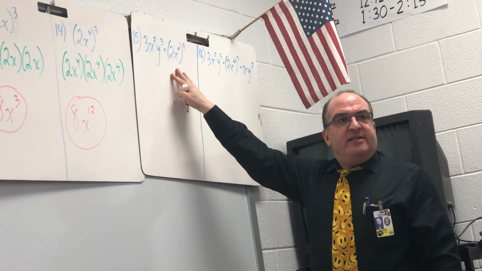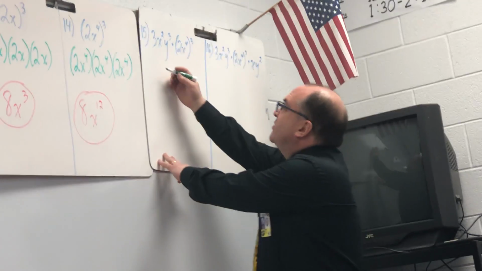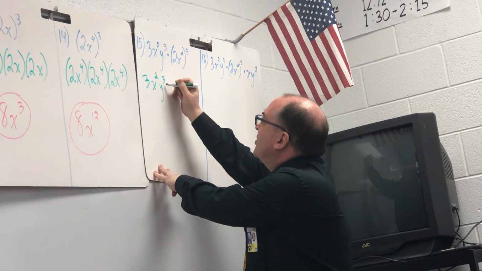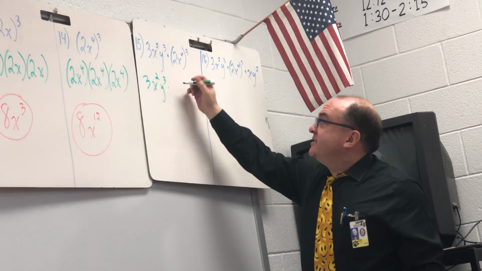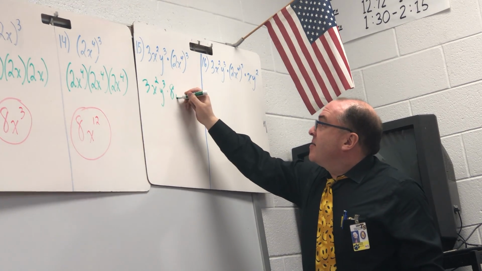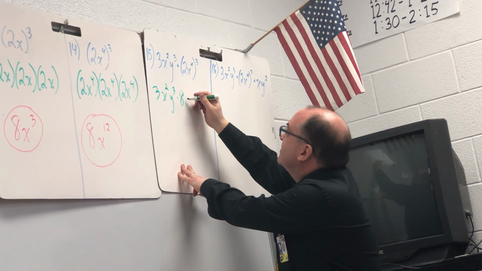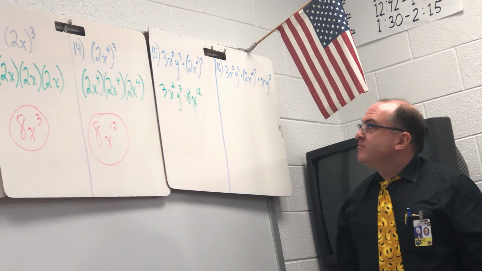Deal with the parenthesis thing first, meaning you've got 3x squared y to the third times, again, 2 to the third is 8, and you've got x to the 12th, right?